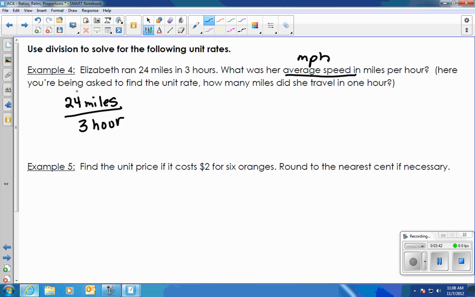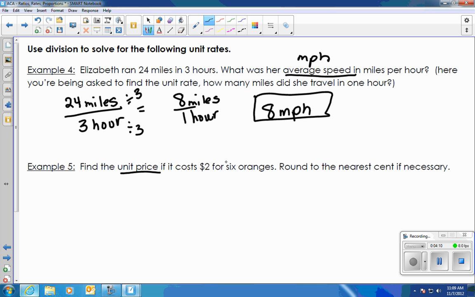So in this case, we've got 24 miles for every 3 hours. We can reduce that on top and bottom. We can divide, simplify. 24 by 3 is 8. 3 by 3 is 1. So now I've got miles per 1 hour. So 8 mph.